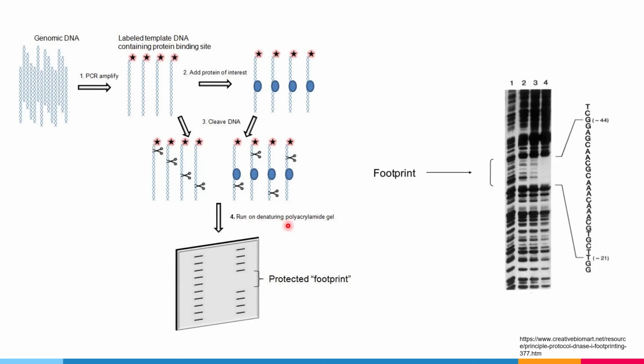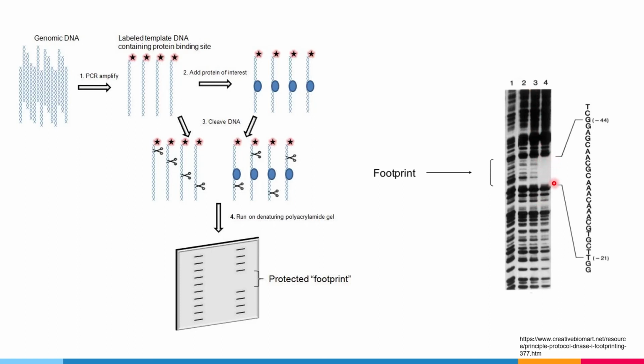Now in the second pool, we add the protein that we suspect can be binding to the DNA, and because the particular protein has bound to the DNA, the DNase, which is also a protein, cannot access that sequence, and thus that sequence is protected from the DNase. What essentially that means is that the bands where the protein is binding will be absent from the gel.